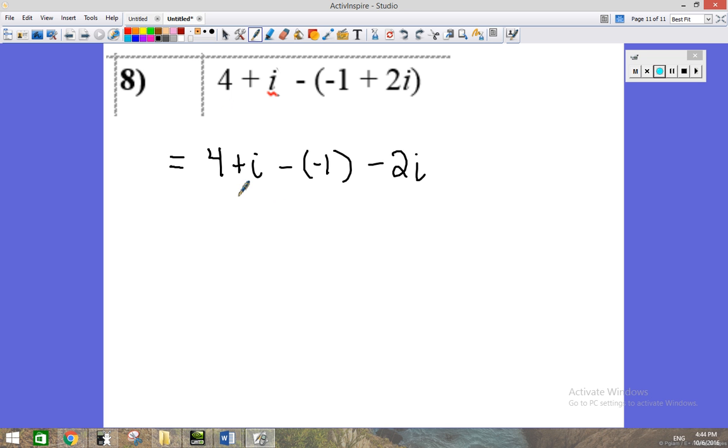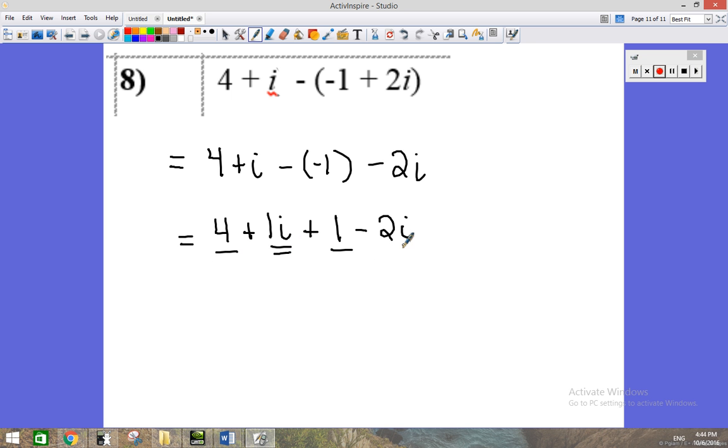Alright. So I have, let's simplify the double negative there. I've got 4 plus i, and I'm even going to put plus a 1i to help us out. The negative minus the negative number, hey, that's positive, and then minus 2i. So I have real parts of 4 and 1.